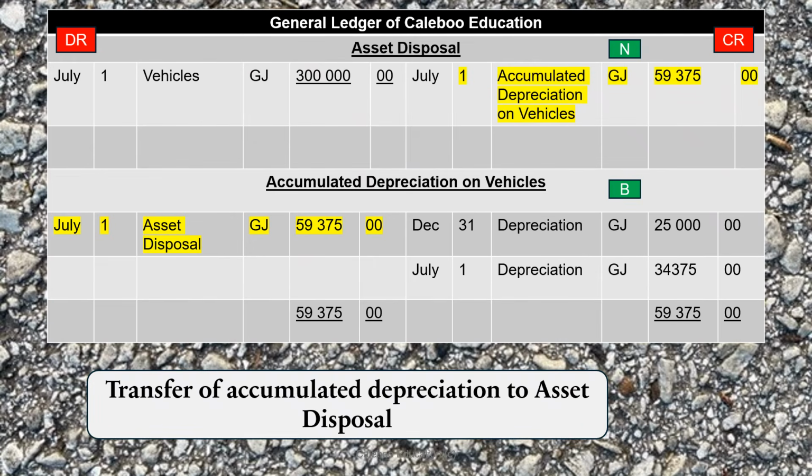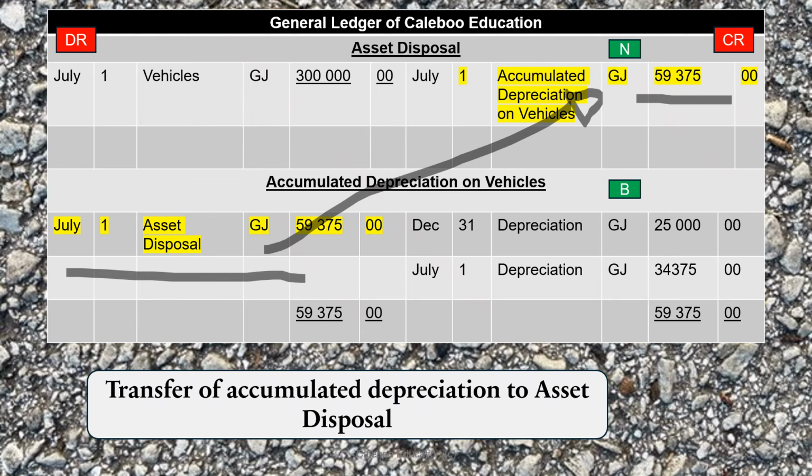So now that just happened. It was transferred to asset disposal and it's 59,375, and this accumulated depreciation on vehicles is actually closed because that is the only vehicle that we have.